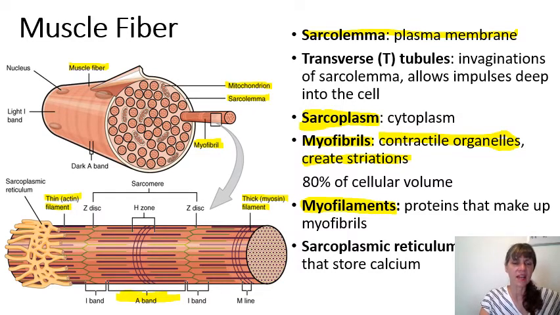where we have an overlap of actin and myosin only at certain portions within that dark A band. On either side of the dark A band, we have light I bands because the appearance is lighter.